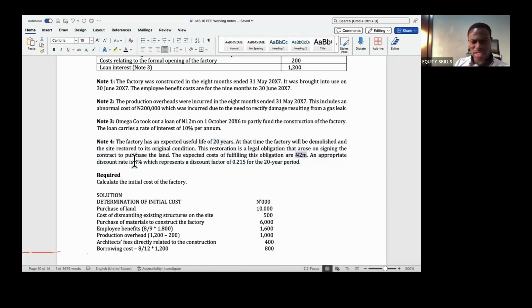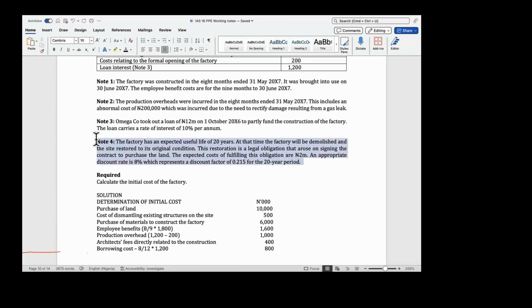An appropriate discount rate is 8%, which represents a discount factor of 0.215 for the 20 years period. What's this talking about? We have to discount the dismantling and restoration cost to present value. Then we'll capitalize it. Fantastic.